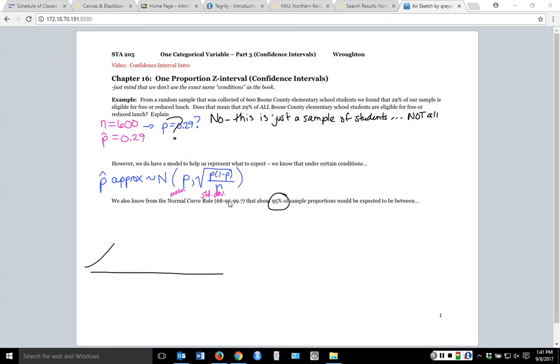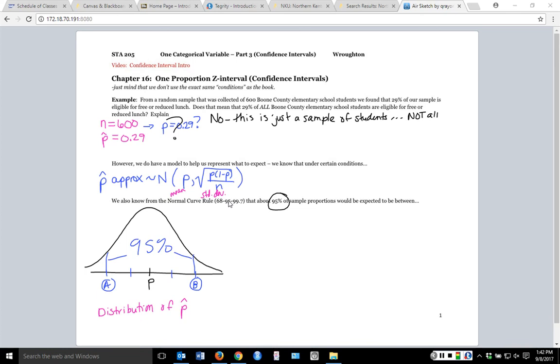If I look at my picture, I know that it's going to be centered at p, and this is my distribution of p hat that we're looking at here. If I go out 2 standard deviations in both directions, out to here and out to here, then I'm going to get 95%.